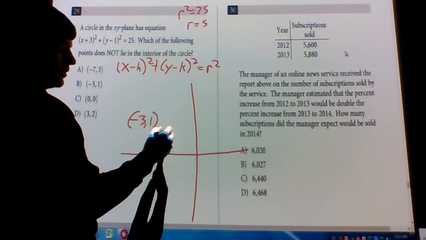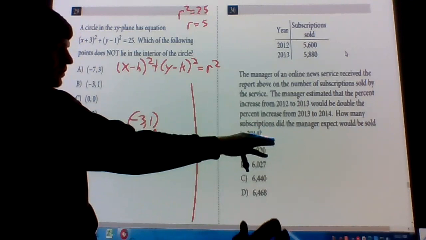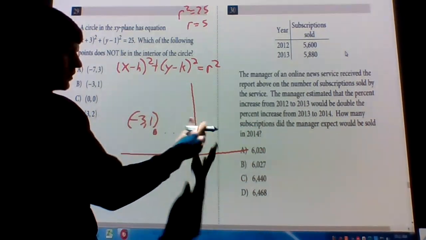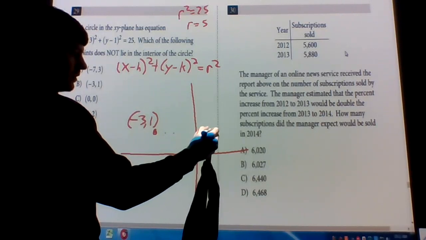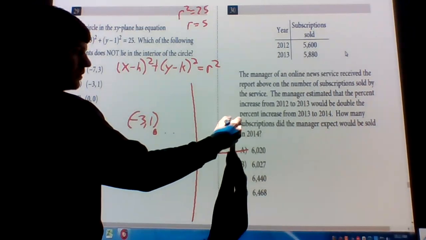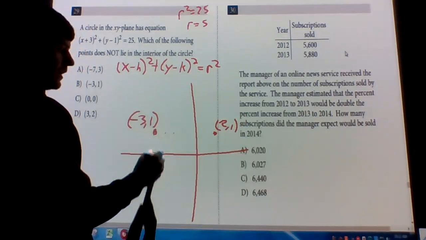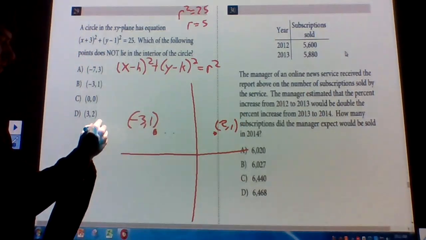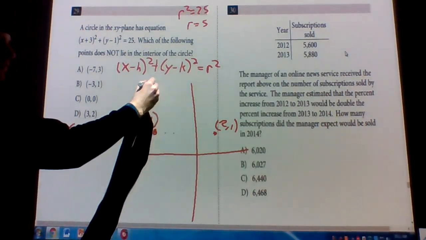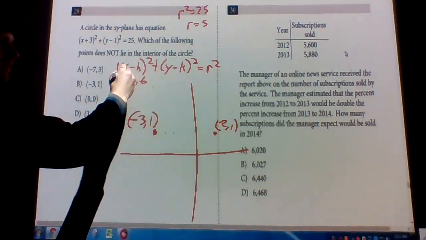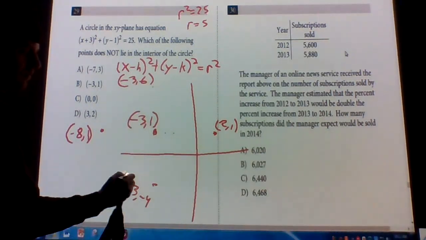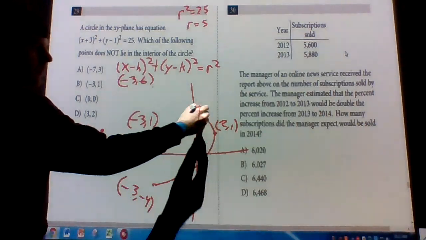So if we go 5 to the right, the radius goes from the center to the circle, we're going to be at 2, 1. If we go 5 to the left, we're going to be at negative 8, 1. If we go up 5, we're going to be at negative 3, 6. And if we go down 5, we're going to be at negative 3, negative 4. We kind of can draw our circle there.